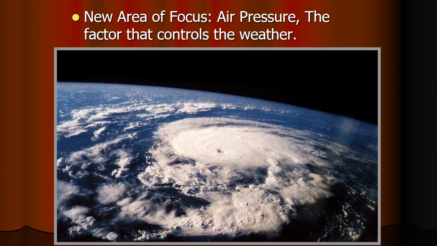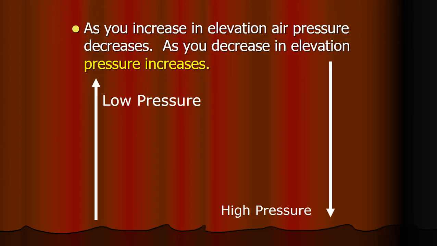Alright, so our last thing we're going to talk about today is air pressure, the factor that controls weather. As you increase in elevation, air pressure decreases. As you decrease in elevation, air pressure increases. So it's a reverse relationship.